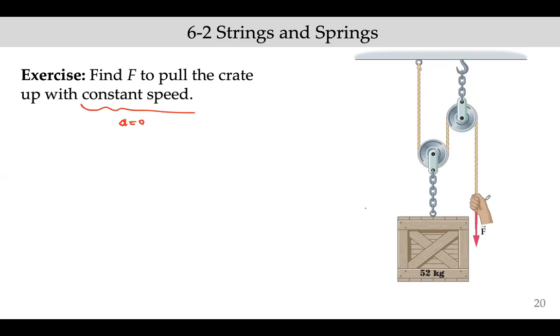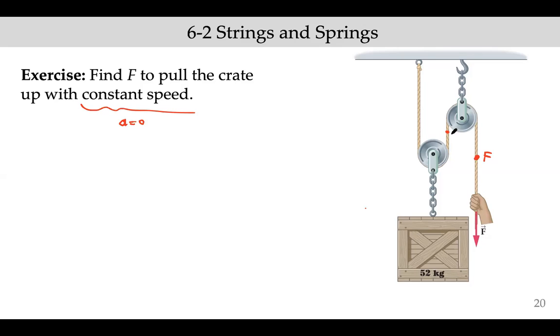If the person is pulling it down from here, that means the tension here is F, because the person is pulling it with F down. And the tension here is F because this is the same rope, all the way up to here.